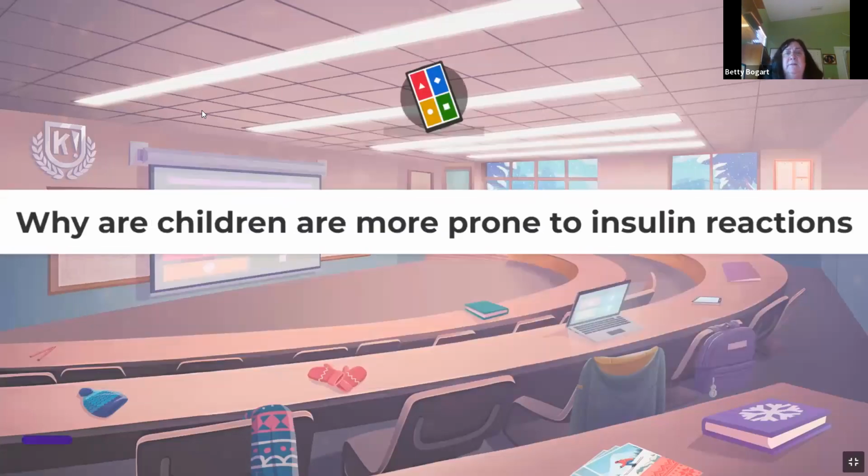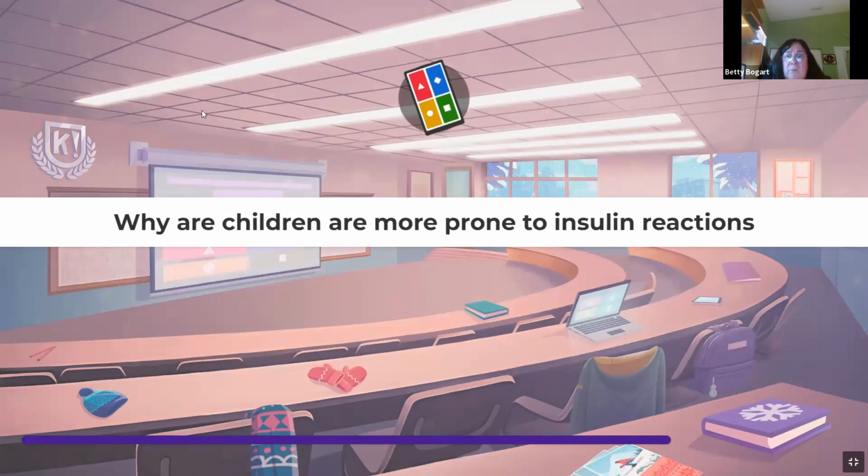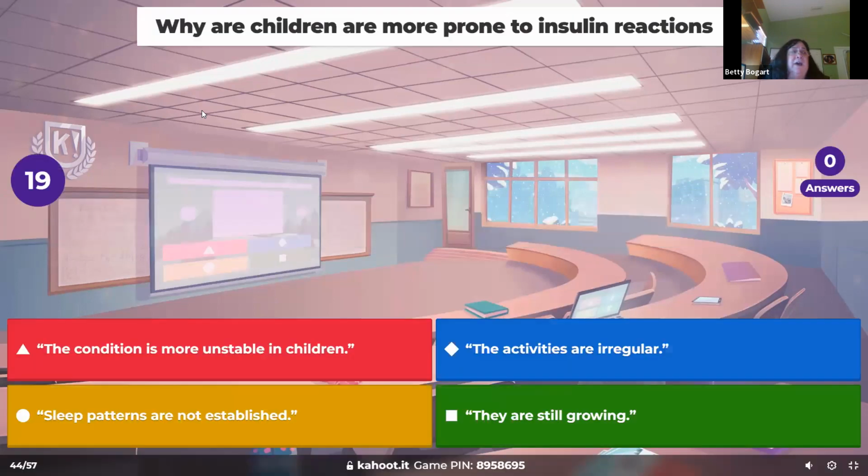Another multi. Why are children more prone to insulin reactions? You know, they have hypo and hyperglycemic episodes all the time, more than adults. Why?